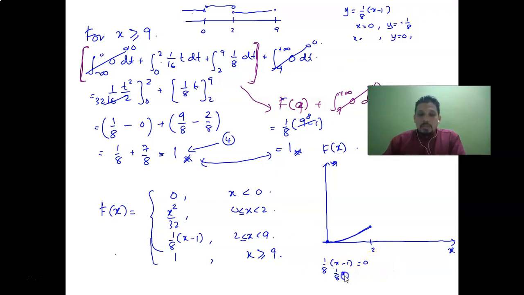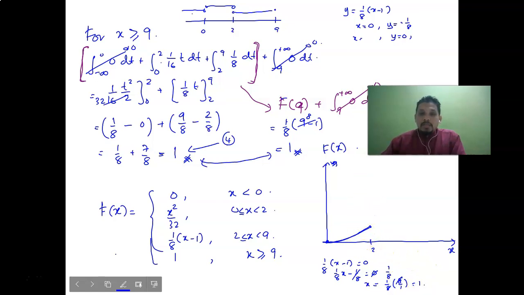1 over 8, x minus 1 over 8. Take this one as a positive here, 1 over 8. Then x equals 1 over 8 divided by 1 over 8, or 1 over 8 multiplied with 8 over 1, which is equal to 1.